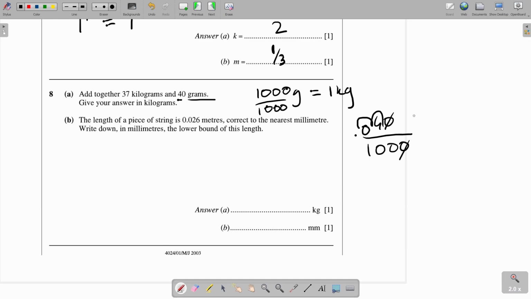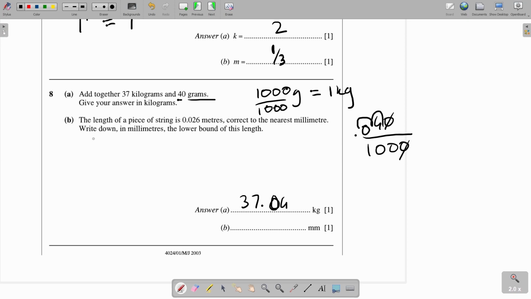So 0.04. Actually, that's not the full answer because we still need to add that together. So 37.04 kilograms.